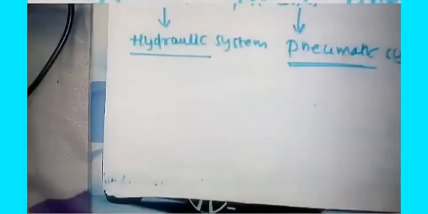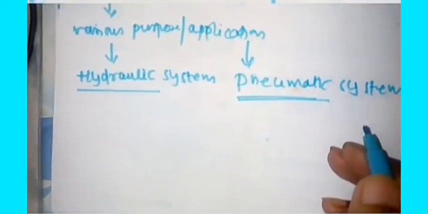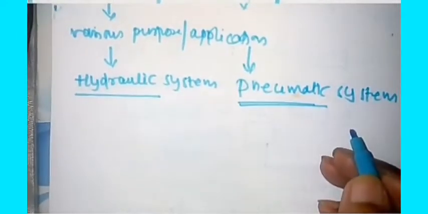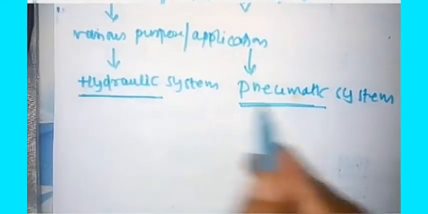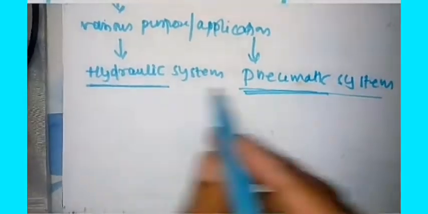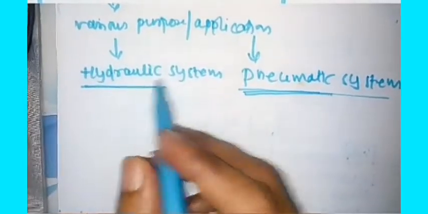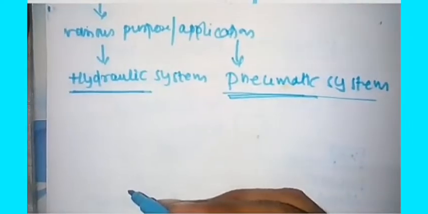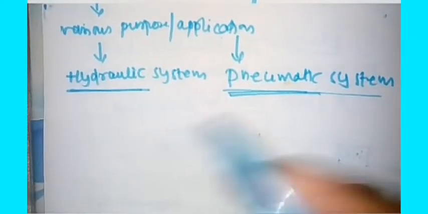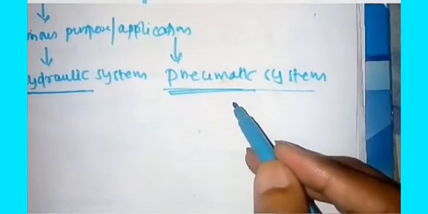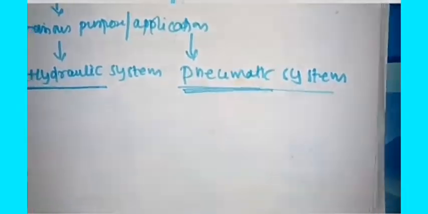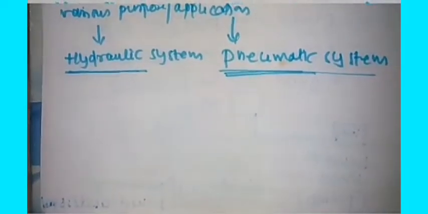So in the next video lecture we would be studying the hydraulic system and the pneumatic system. In the hydraulic system, what are the components and what are the devices used for various applications. In a similar way, what are the components used for the various applications of the pneumatic system.